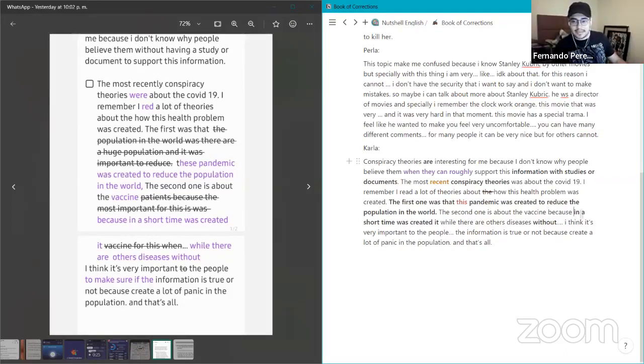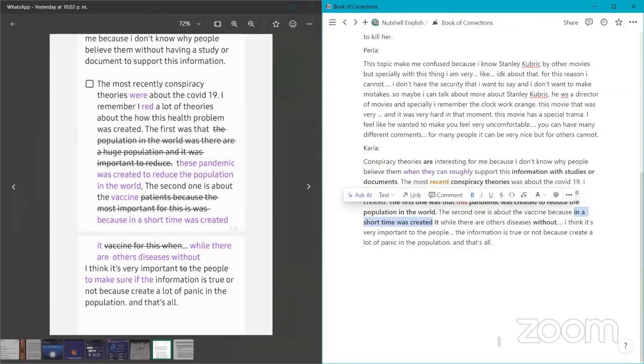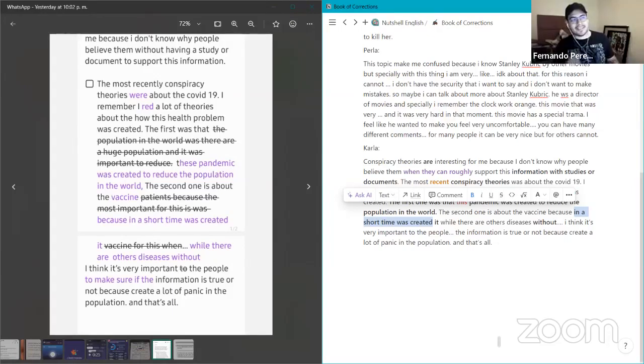In this sentence, in a short time was created. What's your subject? About the vaccine. The vaccine. And you are not mentioning the vaccine.